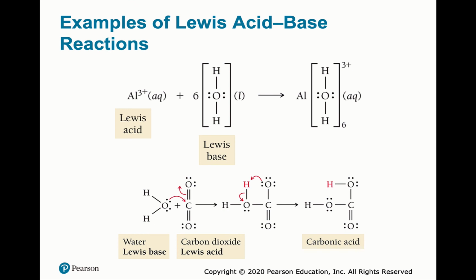So, for instance, you can combine a Lewis acid and a Lewis base to form an adduct. Well, I could also call it a complex. So many different names. And then water and carbon dioxide form carbonic acid as well. So that's another one.